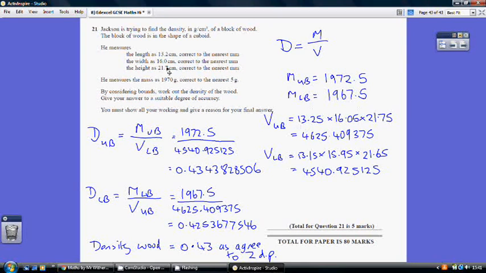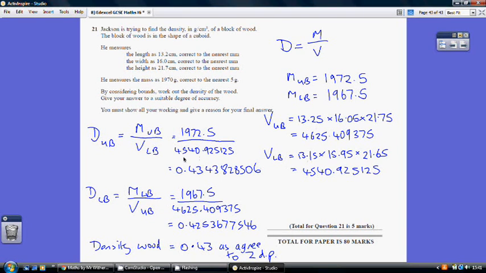And the height of 21.7, the maximum that could be is 21.75. Multiplying those three together gives me this, which is the upper bound for volume. Now the lower bound for volume is when each of these is as small as possible. So 13.15, 15.95 and 21.65. Multiply those three together and I get this.